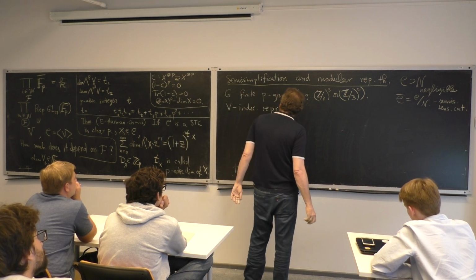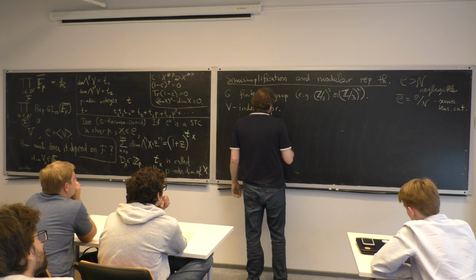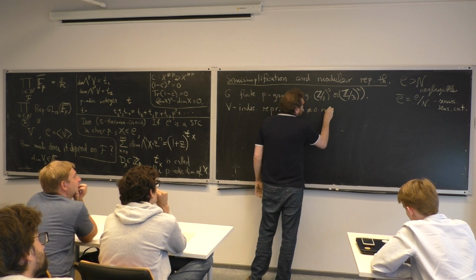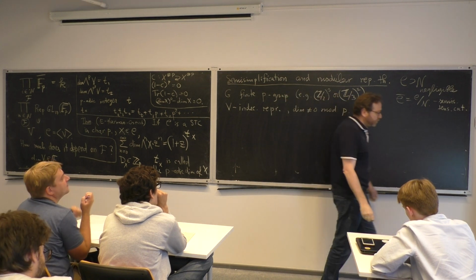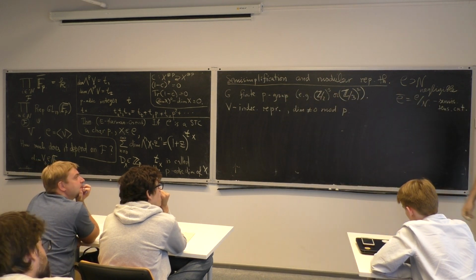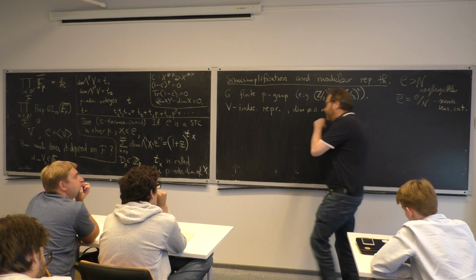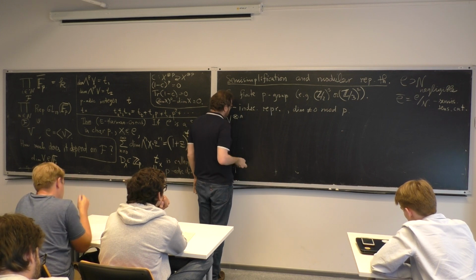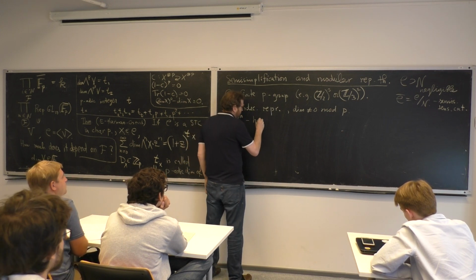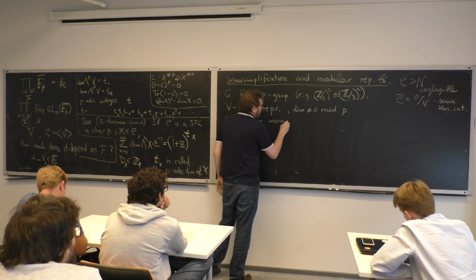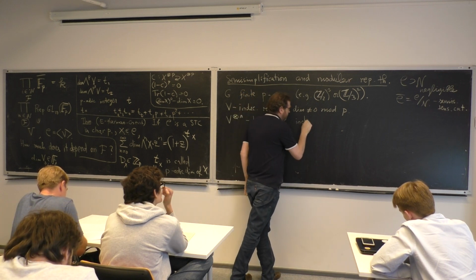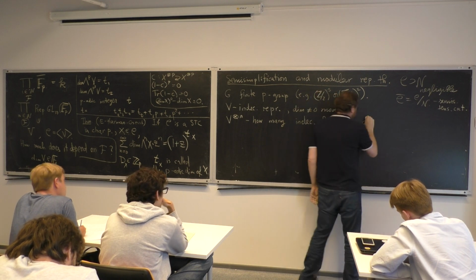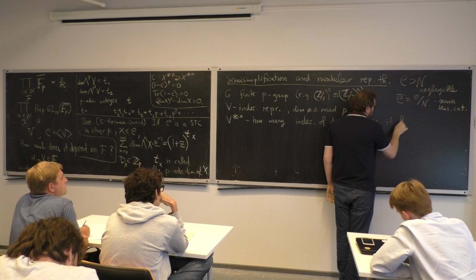So let's take an indecomposable representation and let us say that it has a dimension which is not 0 mod p. For example, for p equal 2, this means that you will take an indecomposable of odd dimension. And then you want to take a tensor power, and you ask how many indecomposables of dimension not equal 0 it has as direct summands.